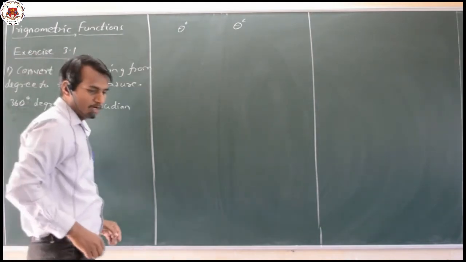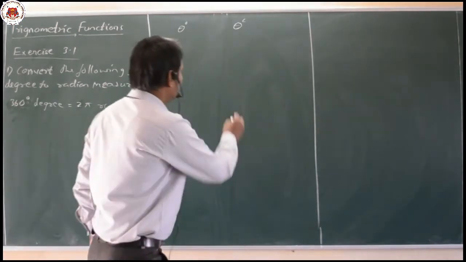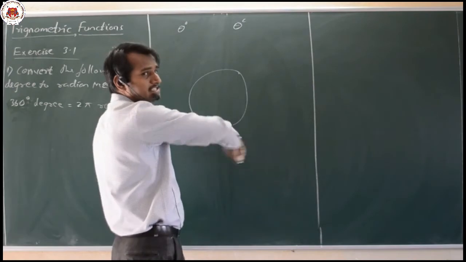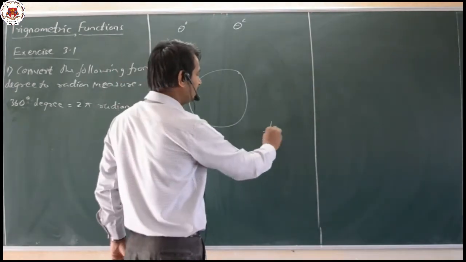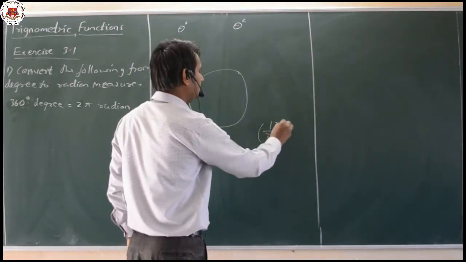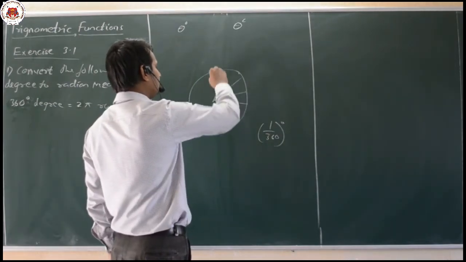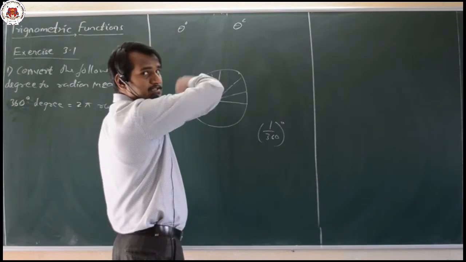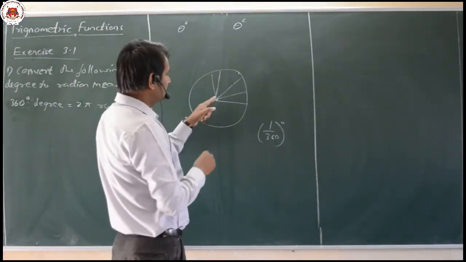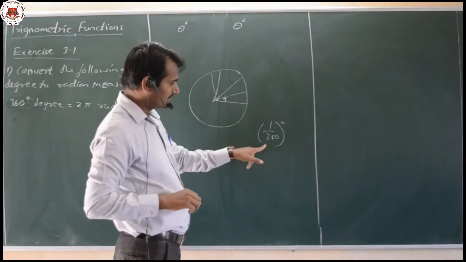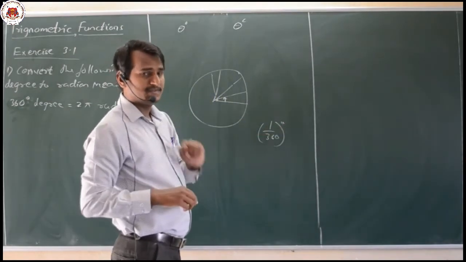One complete revolution is 360 degrees. If we divide the circle into 360 parts, one division, that is 1 by 360th, is what we define as 1 degree.